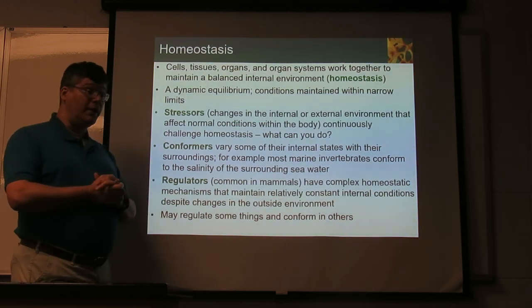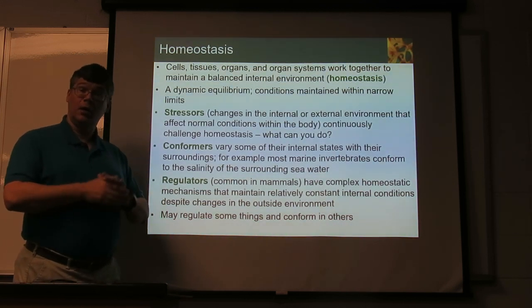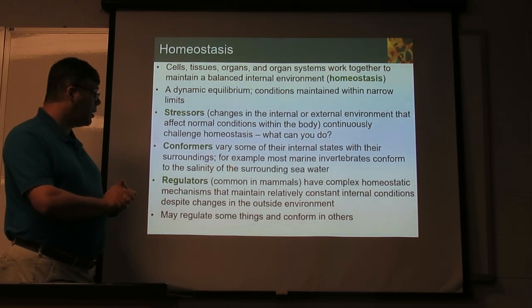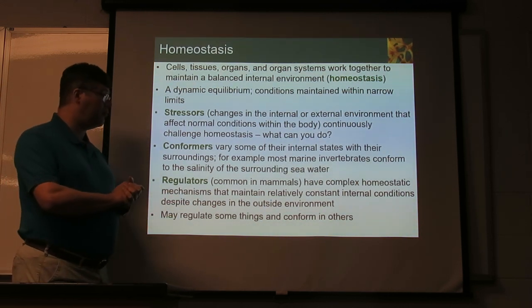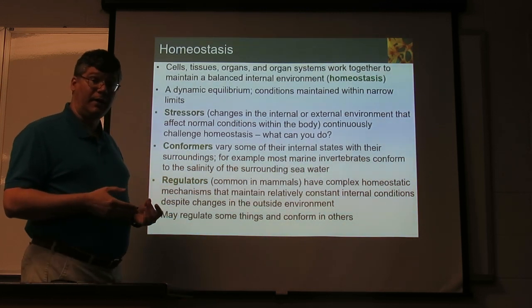Then you have regulators. This means that the organism actively does things to control the pattern there. We do a lot of regulation. For example, we maintain a fairly constant body temperature.